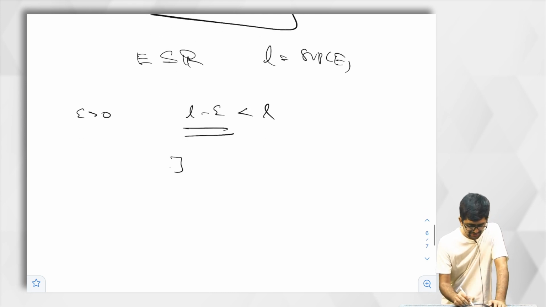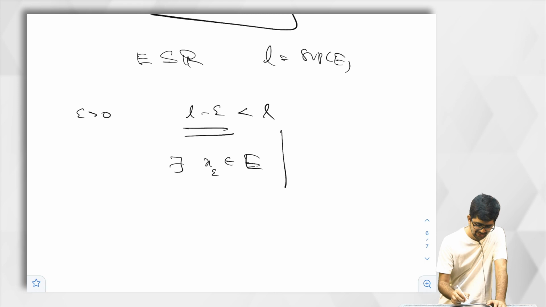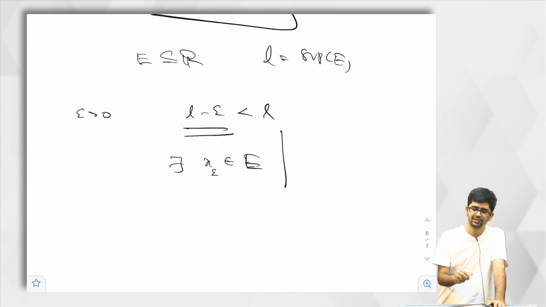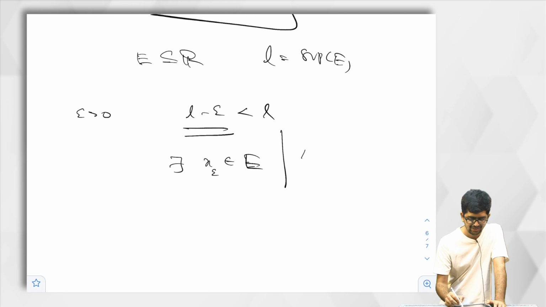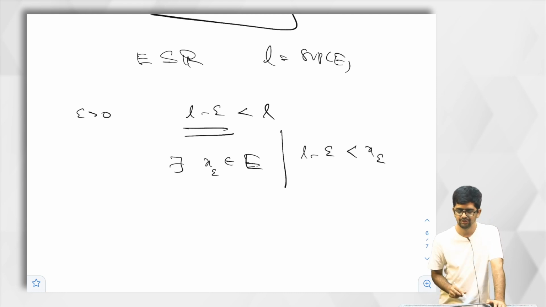This means there exists an x_epsilon belonging to E such that L minus epsilon is less than x_epsilon.